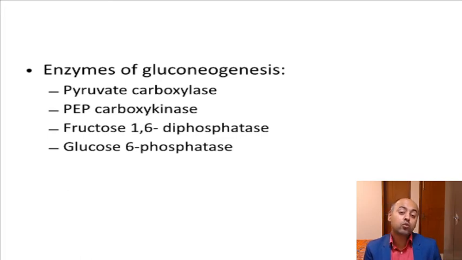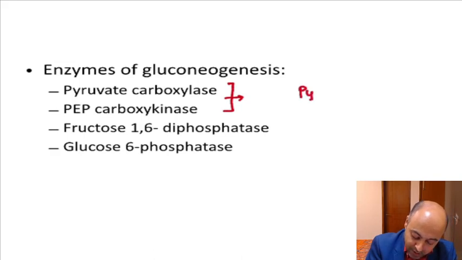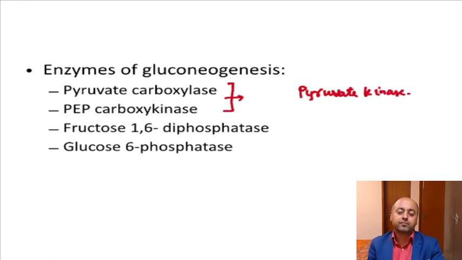Enzymes which are unique to gluconeogenesis. We said that in glycolysis most of the reactions are fully reversible, but some irreversible reactions are catalyzed by specific enzymes. Here, what you have to note: pyruvate carboxylase and PEP carboxykinase are going to bypass the activity of pyruvate kinase.